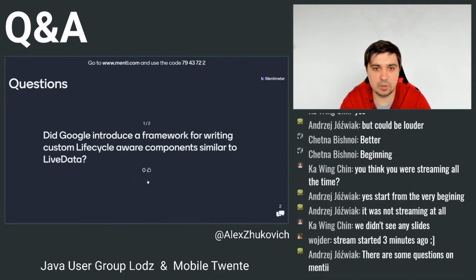Did Google introduce a framework for writing custom lifecycle aware components similar to LiveData? You can create lifecycle aware components, but I don't know if it's really needed, because you can do something similar and handle it pretty easily, for example with RX or with Kotlin Flow.